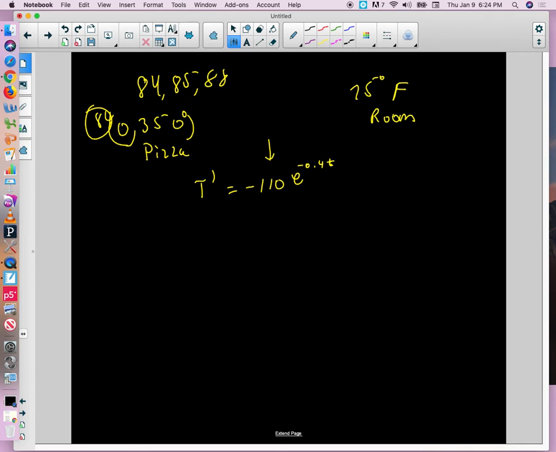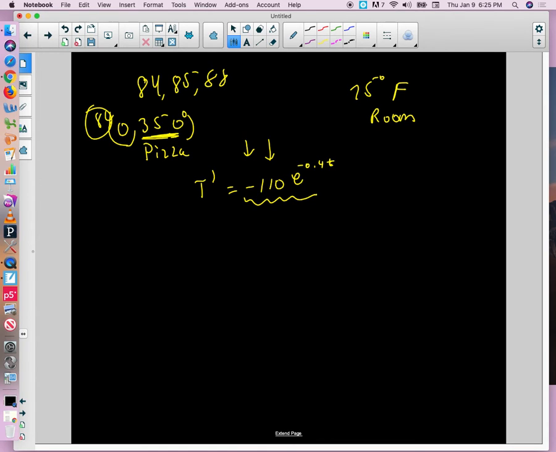To the nearest degree, what is the temperature of the pizza in 5 minutes? Without this negative here, if you integrate this part from 0 to 5 and just get a positive, you know it's decreased, so you would have to subtract it from this.